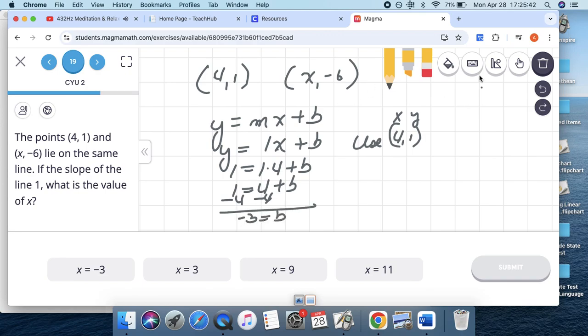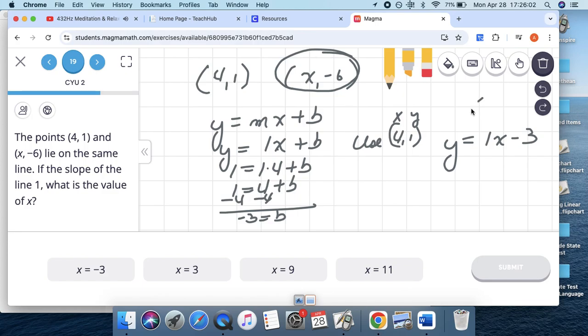So now I'm going to start building my equation. My equation is now y equals 1x minus 3, because they told me the slope was 1. So now I can use this to find this value. What happens when y equals negative 6? What is the value of x?